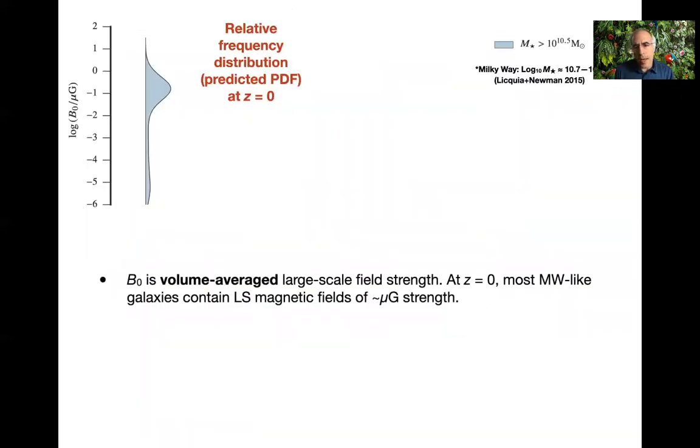So, to look at one interesting result, we can look at the statistics of the magnetic field strength as a function of time, redshift, and stellar mass. B naught here is the volume average large scale field strength. I'm showing the distribution at z equals 0 for Milky Way like galaxies, so the mass is in this range.